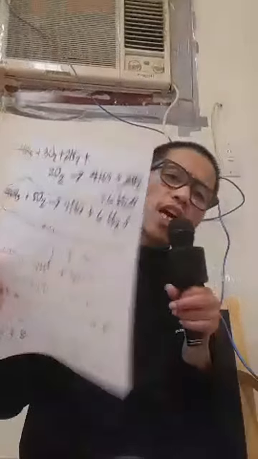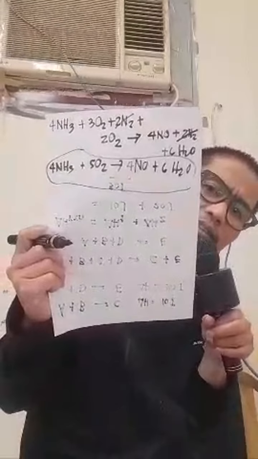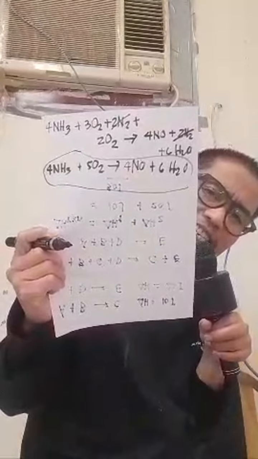So what we have left here is 4 ammonia gas plus 5 moles of oxygen gas is equal to 4 moles of nitric oxide plus 6 moles of water. Then, balance the chemical reaction by investigating each element of the compound.